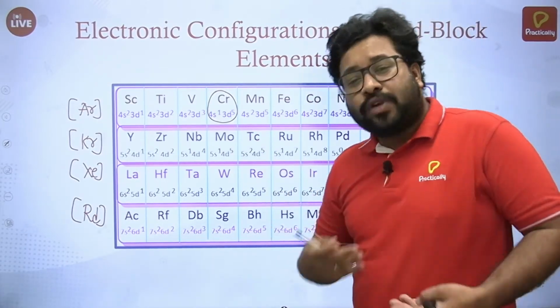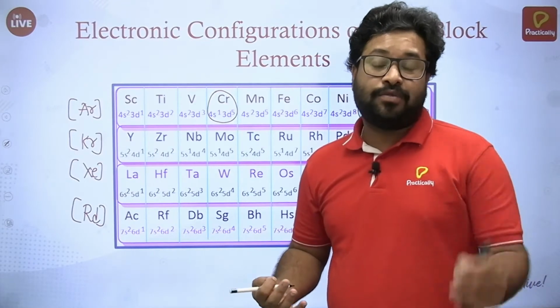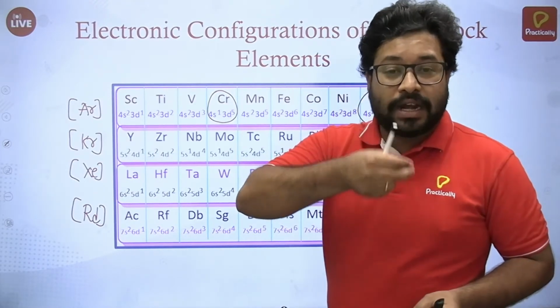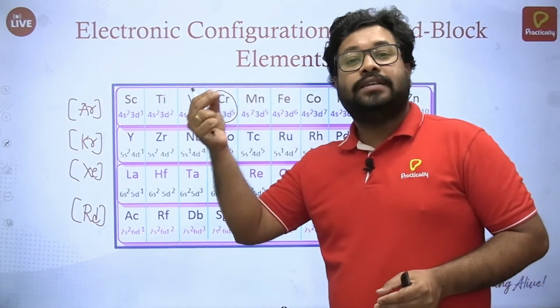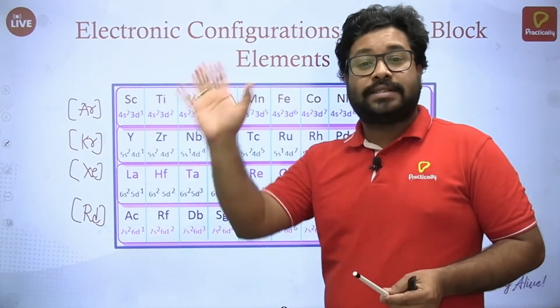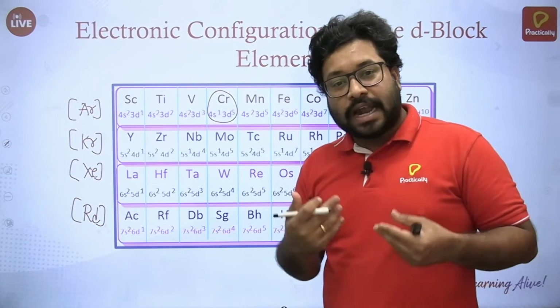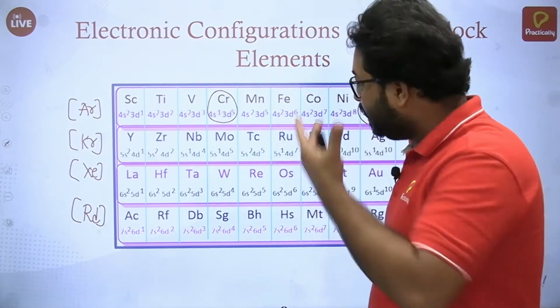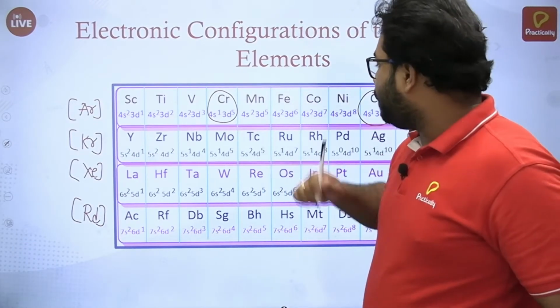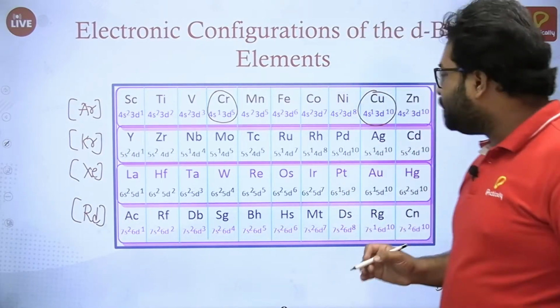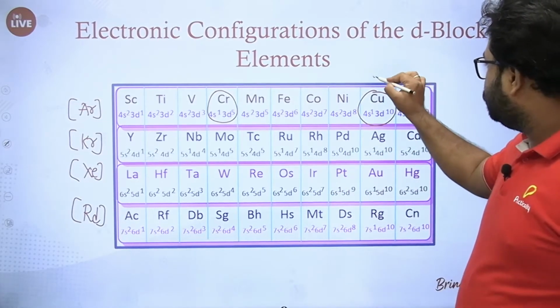Your chromium could have been 4s2 3d4, but what does it do? It takes one electron from the s orbital to fill the d orbital. So that d orbital now has 5 electrons, a half-filled d orbital, because that gives it extra stability. That is why it became 3d5. The same thing happens here also.